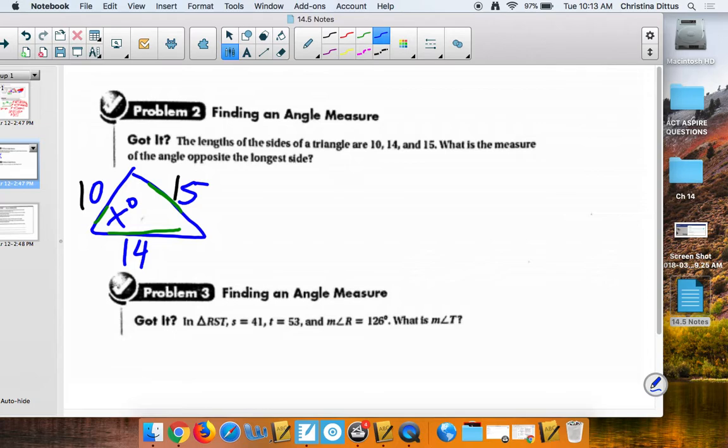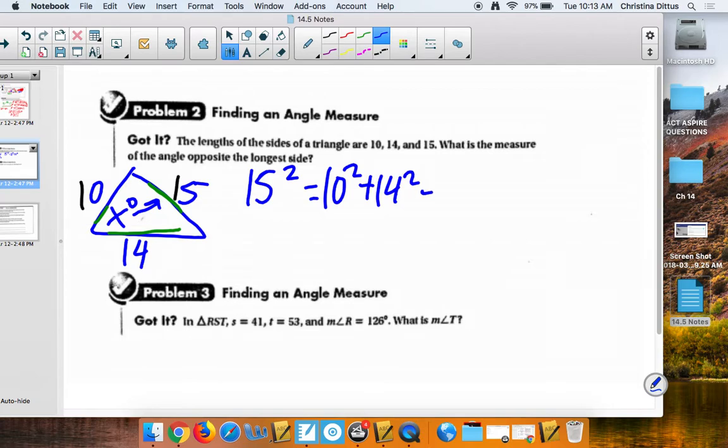Okay, so like I said, our side across from the angle goes out by itself, so we got 15 squared. Same thing as before, the two sides next to our angle get squared and added together. So I have 10 squared plus 14 squared.